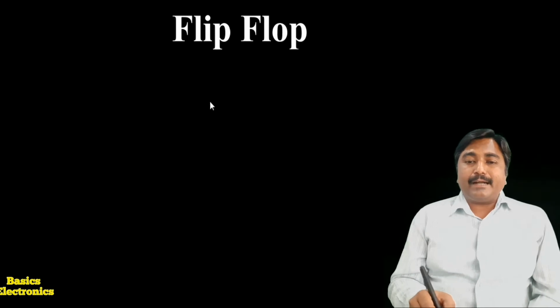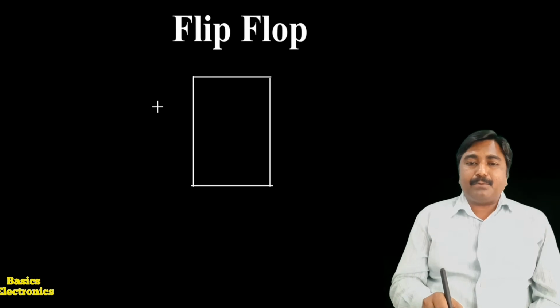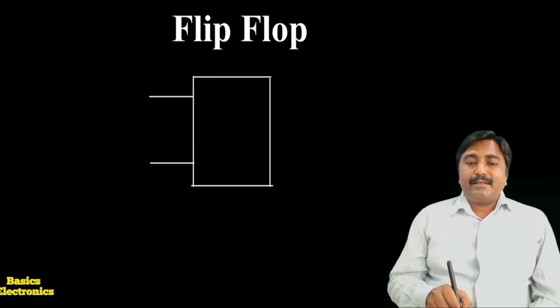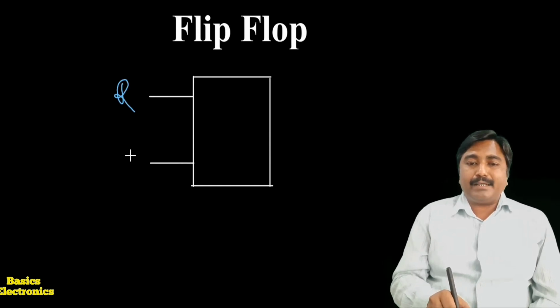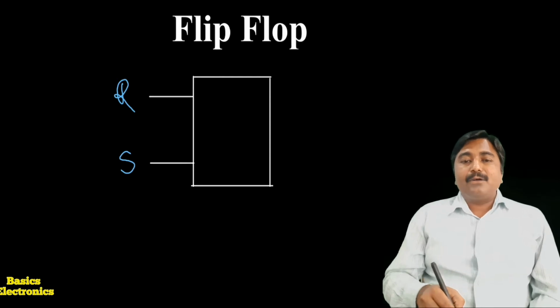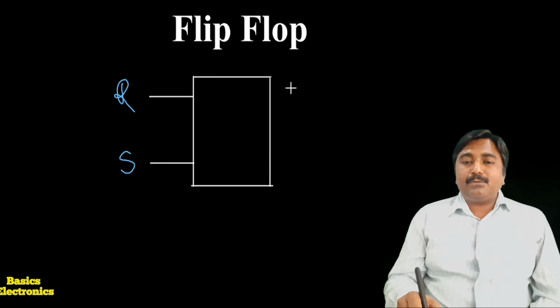Here I am going to draw the symbol for the flip-flop. The flip-flop has two inputs, the R input and the S input. One input is the R input and the second input is the S input. We can interchange the inputs, so it may be S and R, here S and this one R. The two outputs are Q and Q bar.